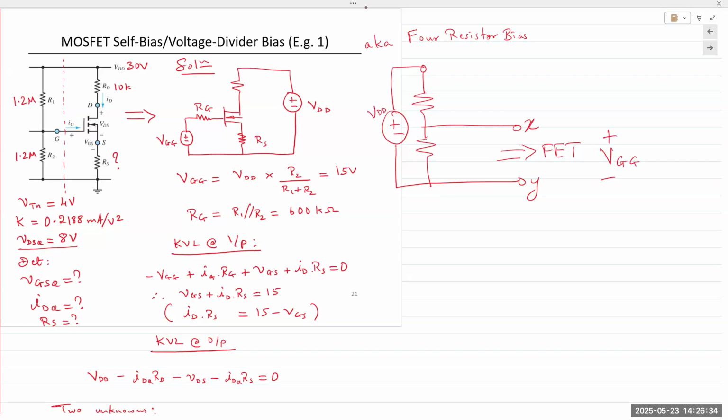For convenience, both R1 and R2 have the exact same value, 1.2 mega ohms, and so the voltage is divided in exactly half. VGG is VDD times R2 over R1 plus R2, cut in half. The gate resistance is R1 parallel R2, again cut in half: 1.2 mega ohms in parallel with 1.2 mega ohms gives us 600 kilo ohms.